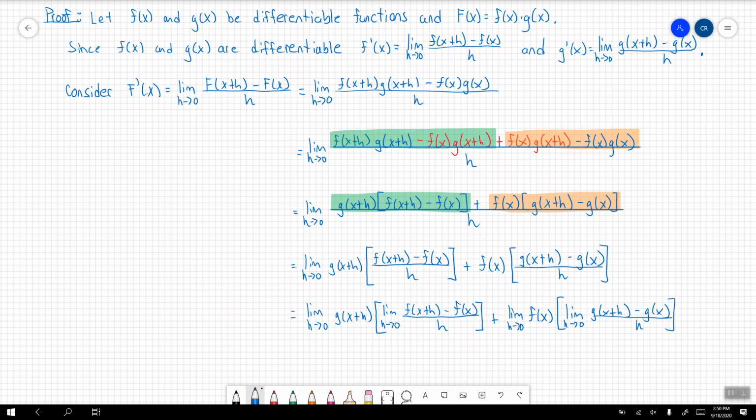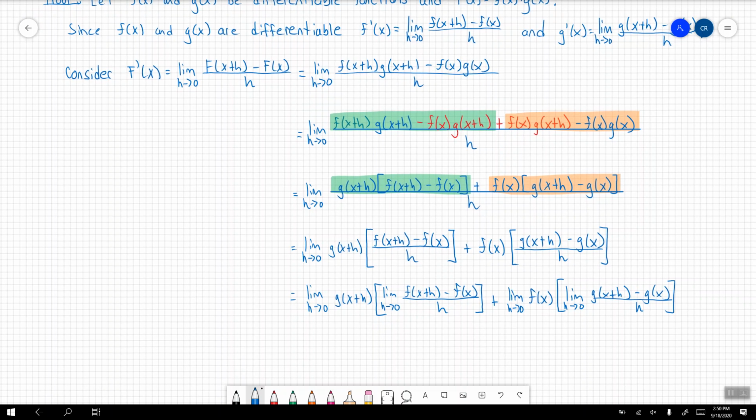So now all we have to do is keep taking these limits. What's going to happen for the limit as h approaches 0 of g of x plus h? Since h is approaching 0, the function g of x plus h will only be left with g of x.